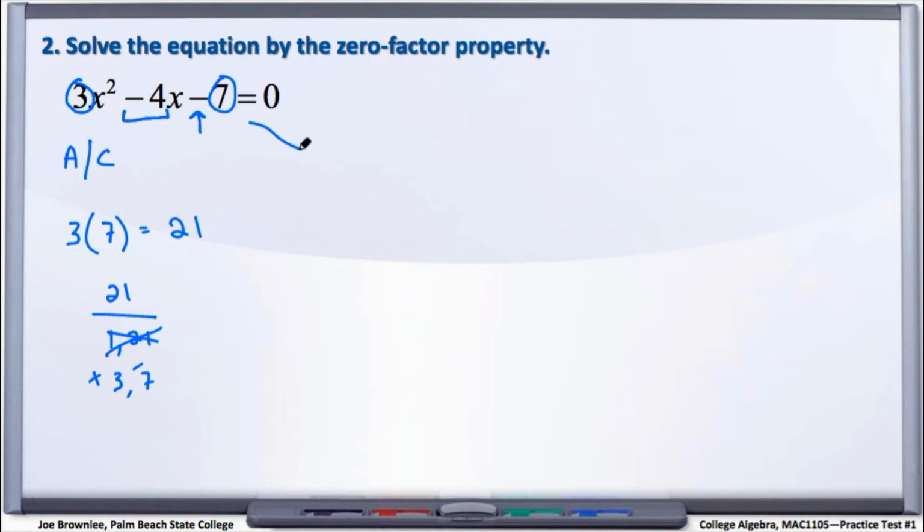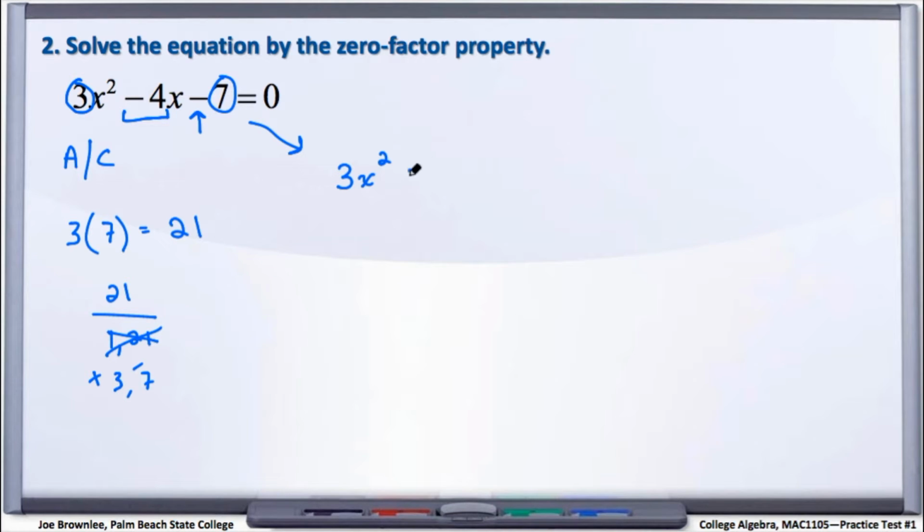The AC method takes 3 terms, like we have here on the left, and allows us to rewrite them as 4 terms so that we can then factor by grouping. To do that, we'll rewrite our first term, which hasn't changed. But we are going to take the single term in the middle, this -4x, and split it into 2 terms using a positive 3 and a -7.